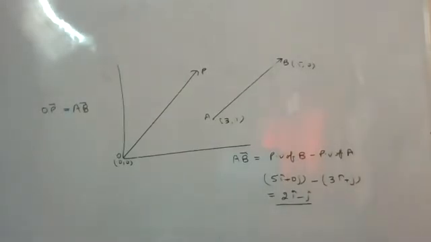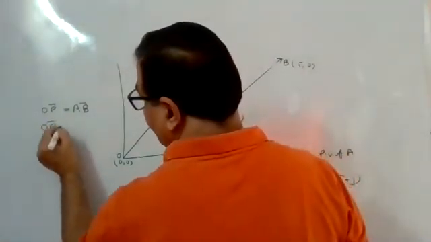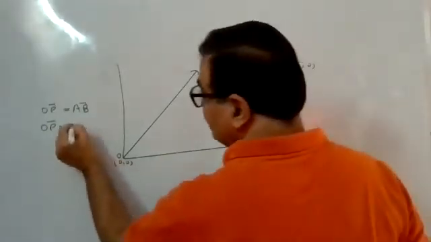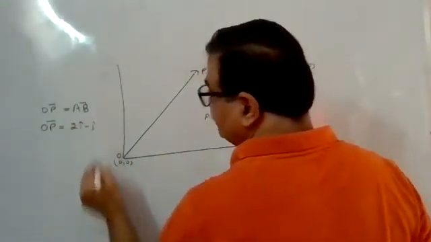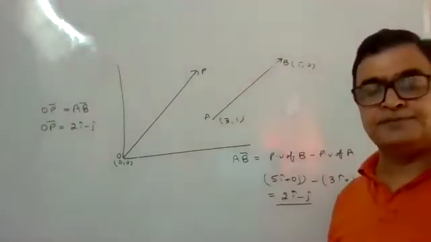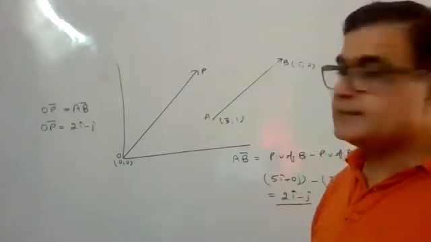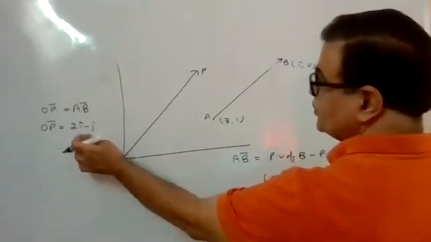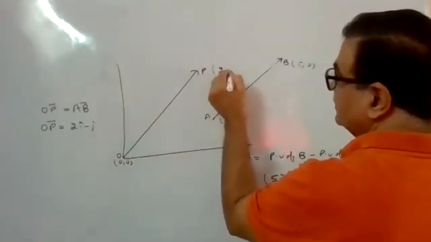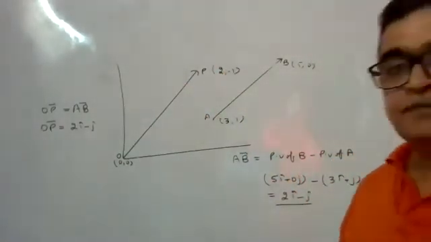So I got AB vector now. AB vector is the same as OP vector. So we write OP vector as 2i minus j. So what will be the coordinate of point P? Yes, please. 2 comma minus 1. Yes, 2 comma minus 1. That is the answer.